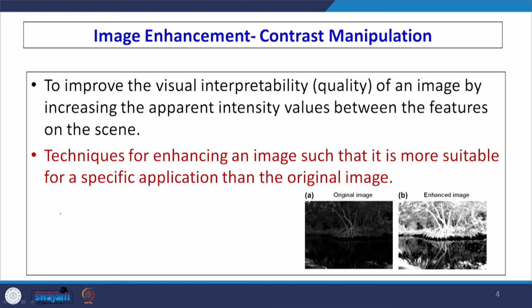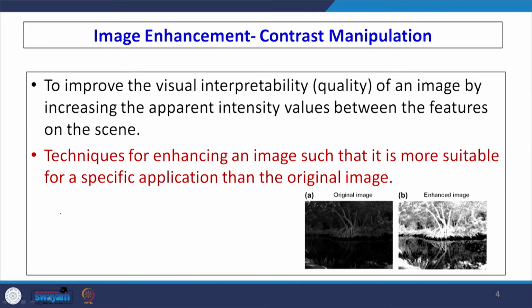Now when we are doing image enhancement, as I told you, we are doing contrast manipulation. What is contrast? If I know the minimum value in my data set and the maximum value of my data set, and I take the ratio of that, then I know the contrast ratio.